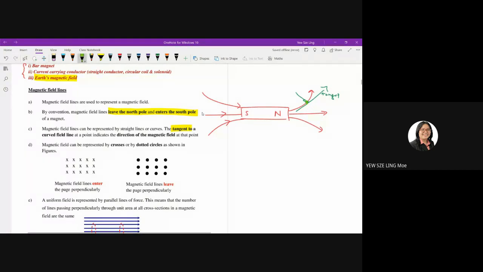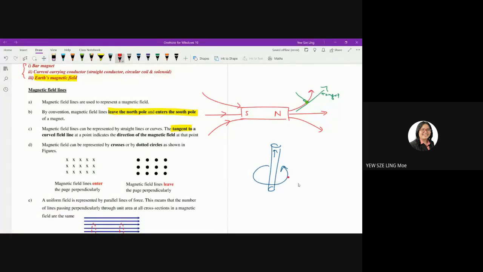So you need to understand what tangent means and how to determine the directions when you have a curved line, especially when it comes to a current carrying conductor. If you have current flowing up, this is the direction of magnetic field. How are you going to determine the direction of magnetic field at a certain position?